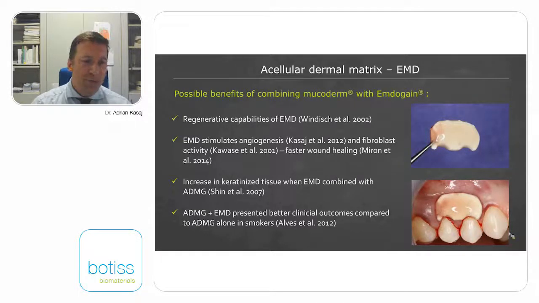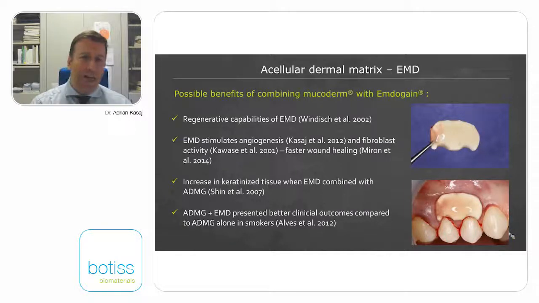There are also two studies supporting the combination of an acellular dermal matrix with Emdogain. One was published by Shin and co-workers in 2007, and they actually showed that by combining Emdogain and alloderm, there was an increase in keratinized tissue in comparison to alloderm alone.